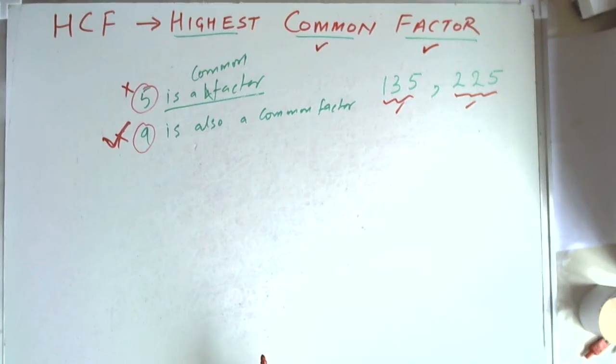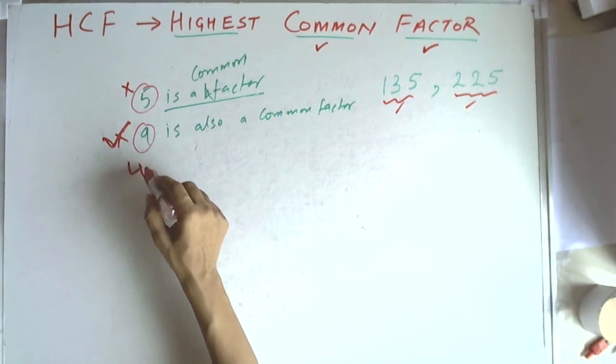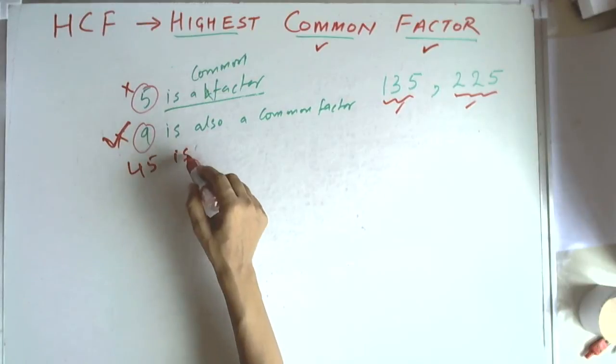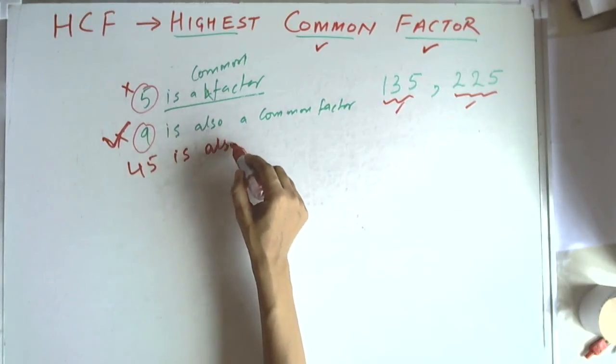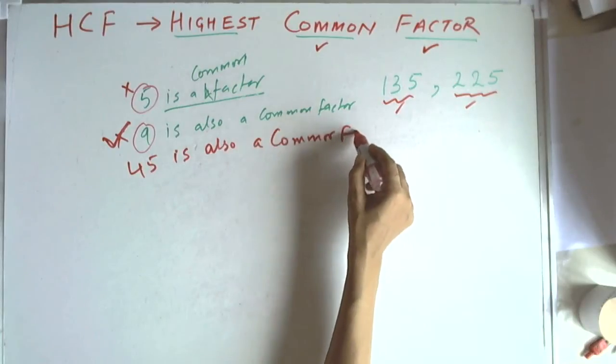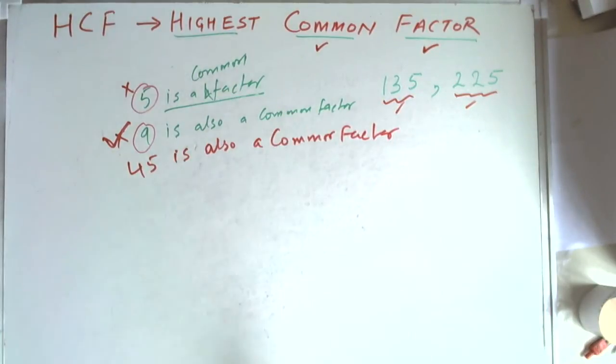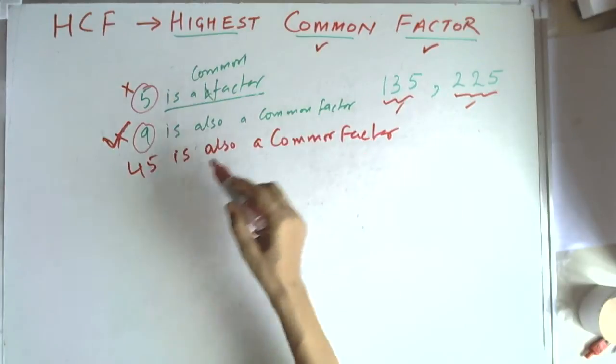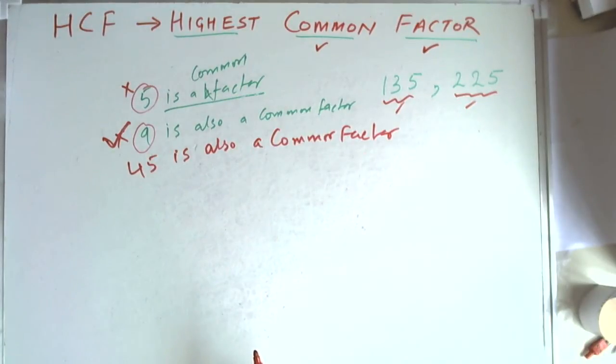Now we take another number which is 45. Now 45 is also a common factor to 135, because if you try to divide 135 by 45, it gets divided completely, and 225 also gets divided completely.